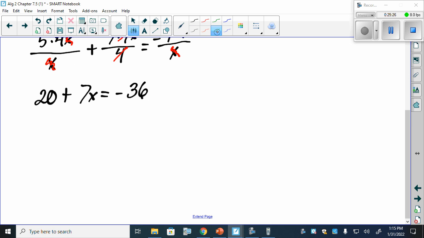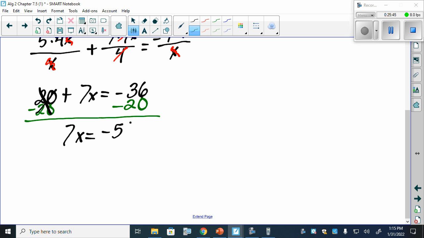Now, at this point here, we just need to solve for the value of x. And the first thing we can do in solving for the value of x is to subtract 20 from both sides. And if we subtract 20 from both sides, well, 20 minus 20 is 0, leaving us with 7x is equal to 56.